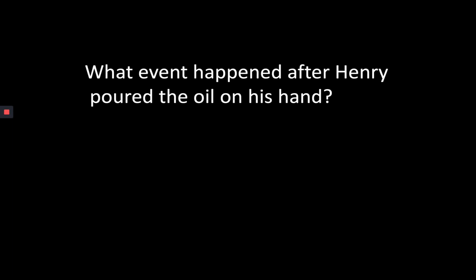What event happened after Henry poured the oil of vitriol on his hand? That would be E, text structure. If you notice, I said happened after, so we're looking at whether this happened in the beginning, middle, or end of the story.